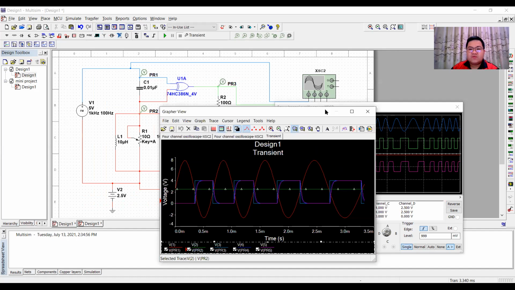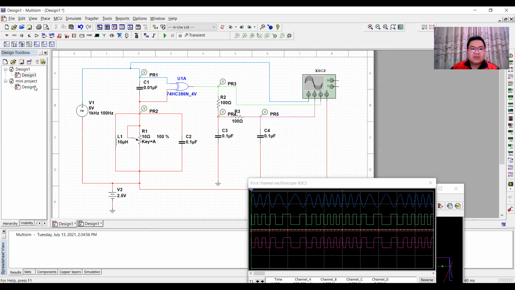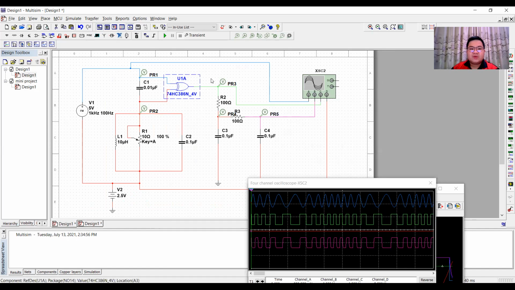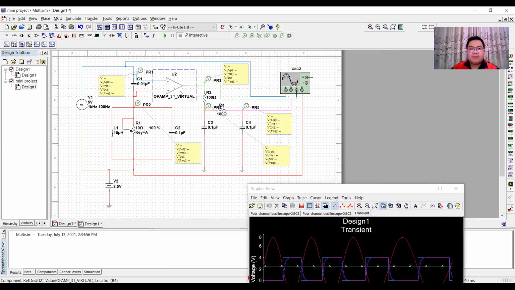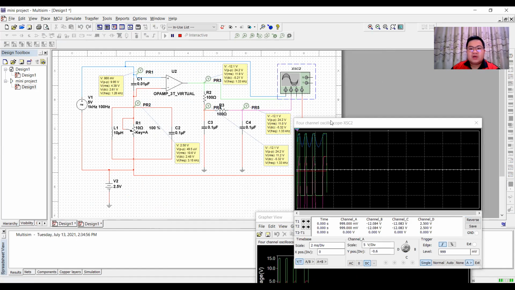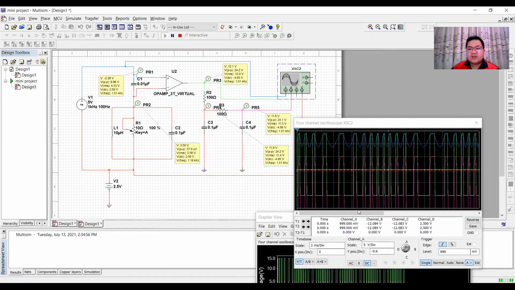Okay, so for the second part, I just change the XOR gate to the OPM. So this is my circuit. Same, double click the output. For this oscilloscope, we will get different signals, so we can adjust it.